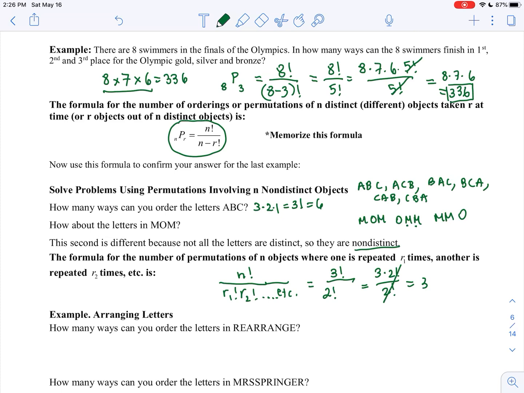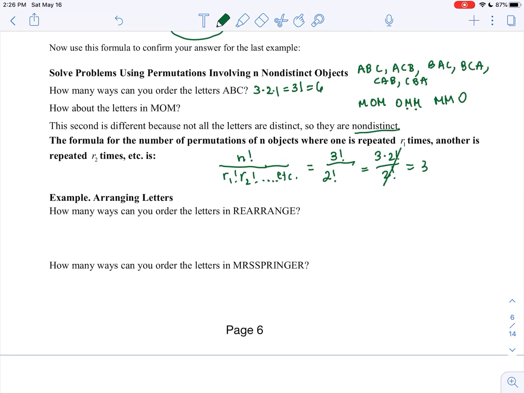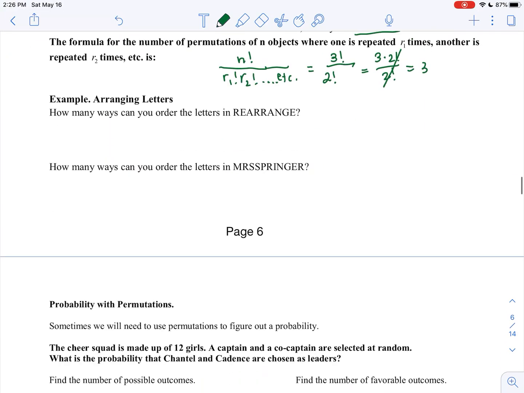So when I'm looking at arranging letters, let's look at how many ways you can order the letters rearranged. So we see that we do have non-distinct letters, meaning that there's some letters that are repeated. So first we count how many letters we have. We have a total of 9 letters. So the top would be 9 factorial.